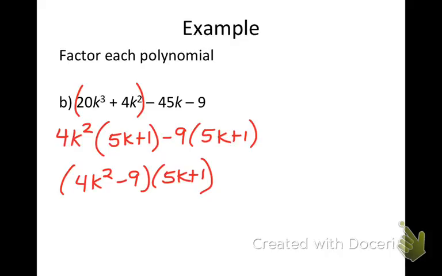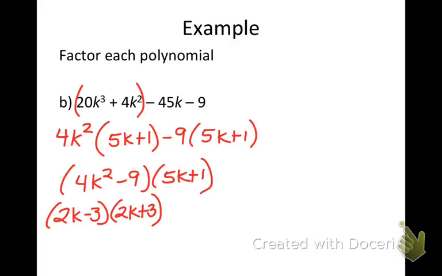What does 4k squared minus 9 factor to? Yeah, 2k minus 3 times 2k plus 3, right? Because the square root of 4k squared is 2k, the square root of 9 is 3. Bring in your plus and your minus.